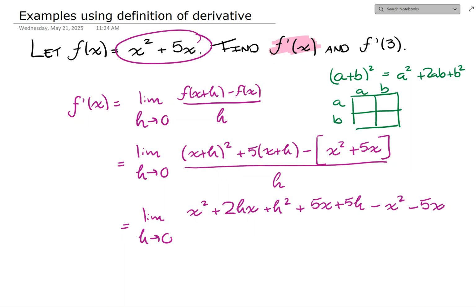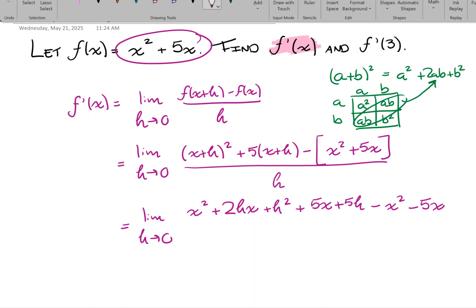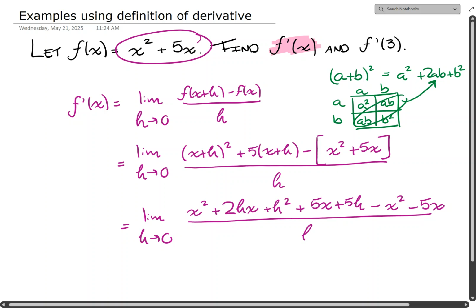So we have a plus b times a plus b. So here we have a squared. In the bottom we have b times b, which is b squared. Here we have ab, and there we have another. So there is my 2 copies of ab. And we're dividing by h.